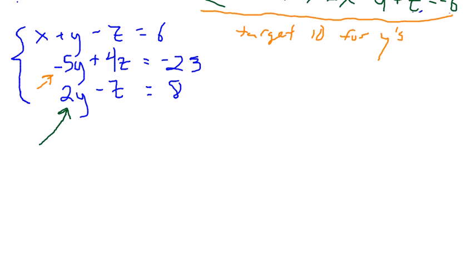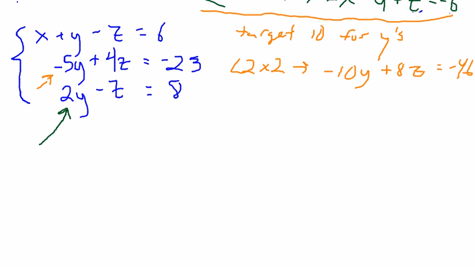I'll do line 2 times 2. That gives me negative 10y, 4 times 2 is 8, so plus 8z is equal to negative 46.